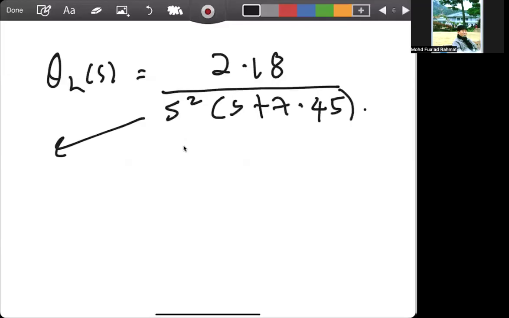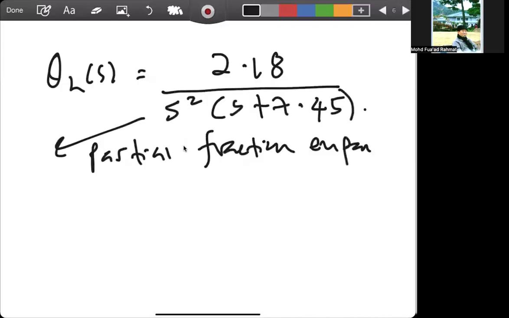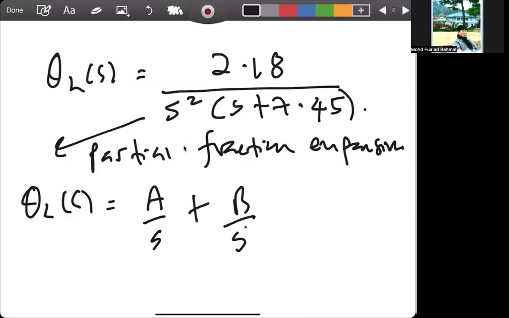So how to solve this? Okay, so you have to use partial fraction expansion. Okay, so theta L, A over S, B over S squared, C over S plus 7.45.